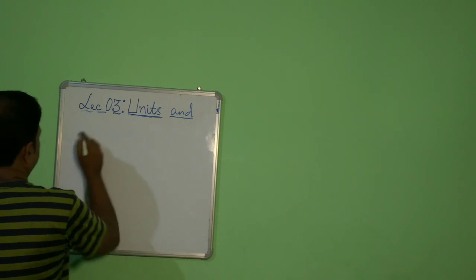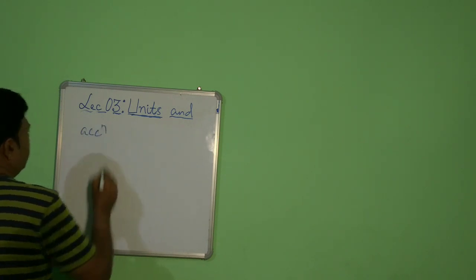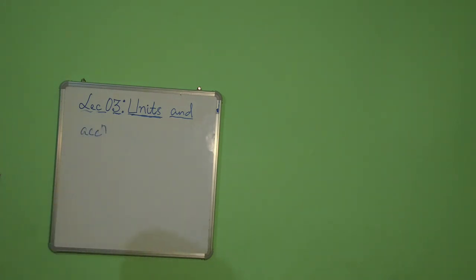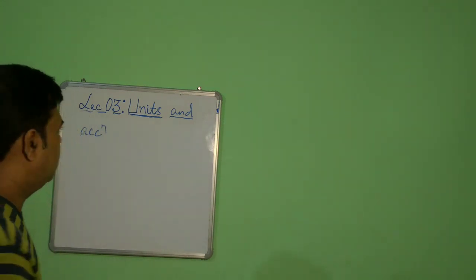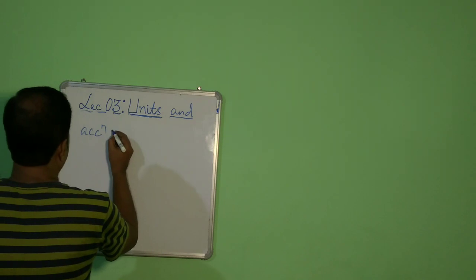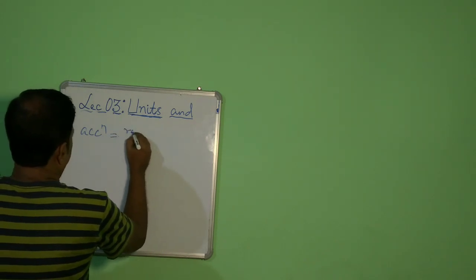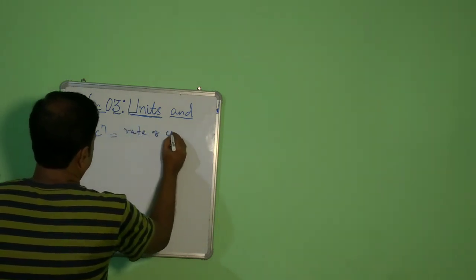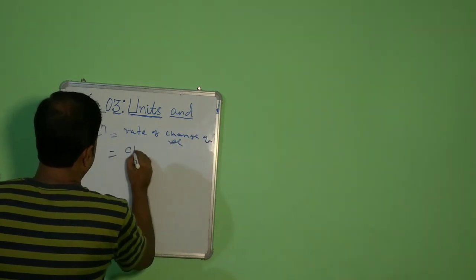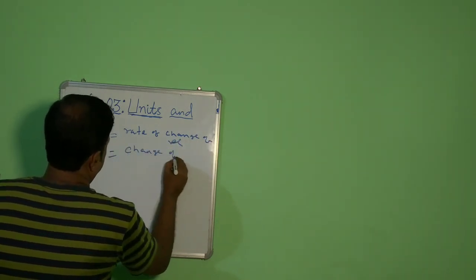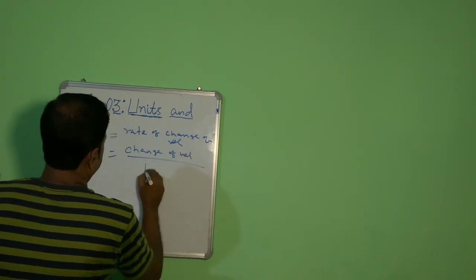Suppose acceleration. Acceleration is a derived quantity which is defined as the rate of change of velocity. That is, change of velocity divided by time.